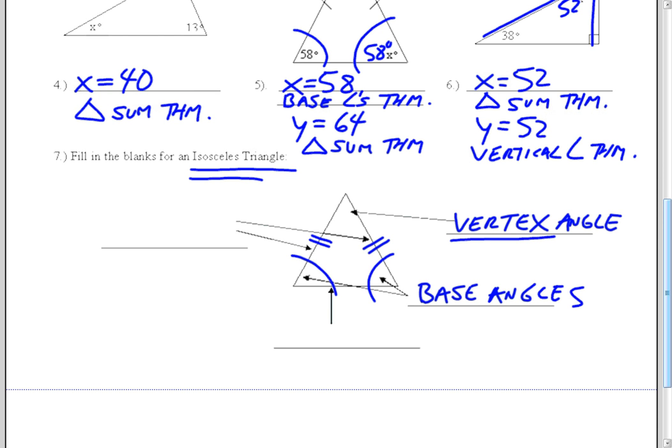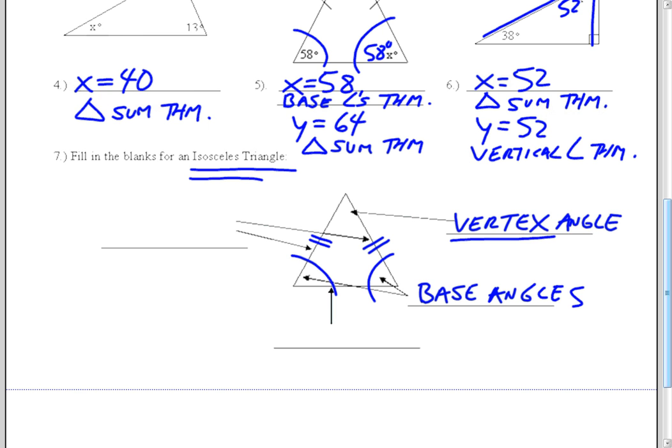Where else do we use vertex? Where else have we used that term before? Which part of an angle's name is the vertex? The middle letter, where your two rays connect for an angle. So it's used in a lot of different situations.